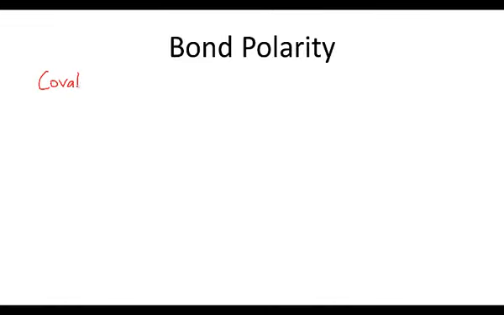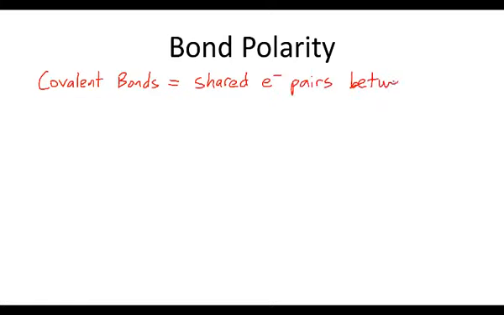So covalent bonds involve shared electron pairs between atoms. But they're not usually shared equally.